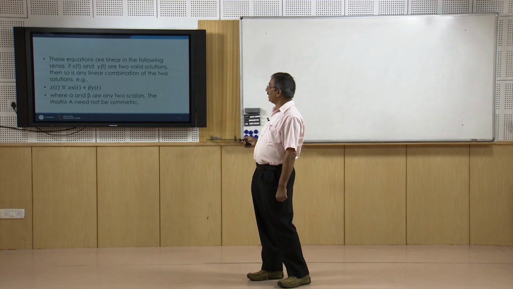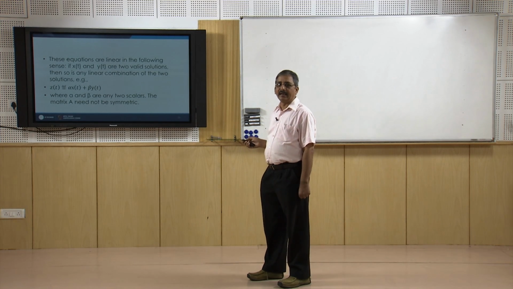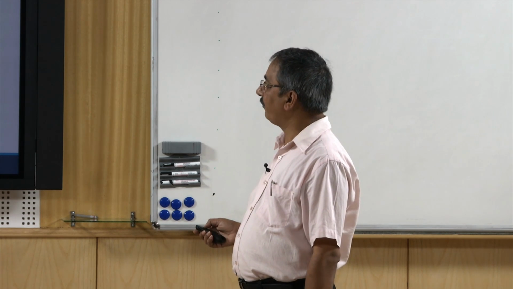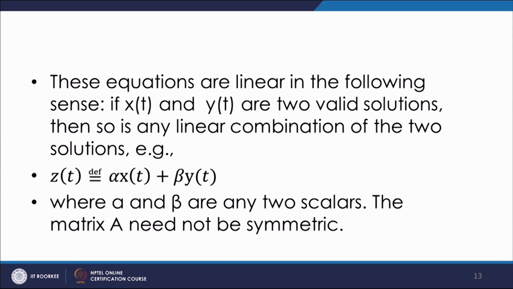Now, these equations are linear in the following sense. The general property of a linear equation is that if x(t) and y(t) are two valid solutions, then any linear combination of the two solutions is also going to be a solution of the system.